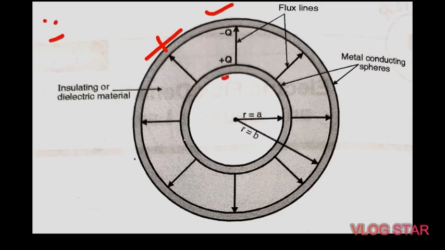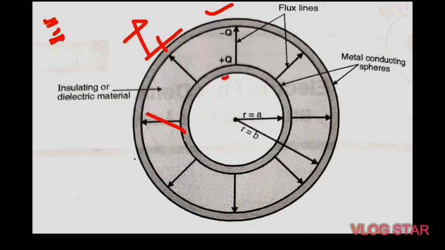There is no electrical connection between the two spheres. So you may ask the question, how is the charge developed on this outer sphere? The answer is very simple. There must be some electrical displacement between these two spheres, from the inner sphere to the outer sphere.